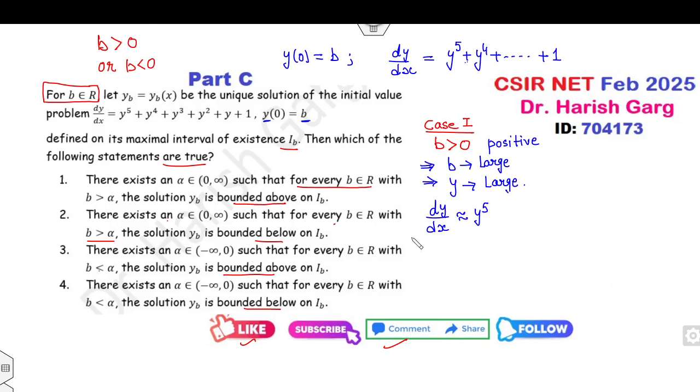Now, once you know dy over dx is approximately y^5, still you can see they are not talking about the solutions. So y is positive, that means this number is positive, that means the derivative is positive, that means y is increasing. Fine.